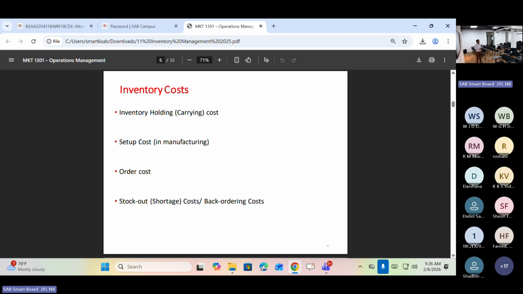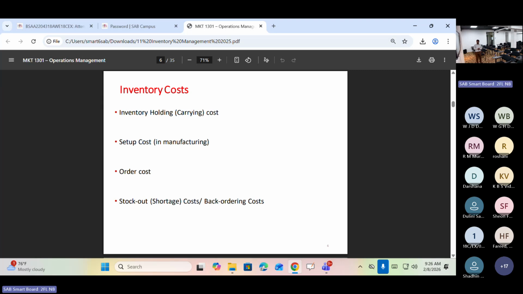Such costs also come under inventory holding cost. In addition to that, there can be insurance cost. Inventories should be insured, and the cost of them can be added as inventory holding cost.